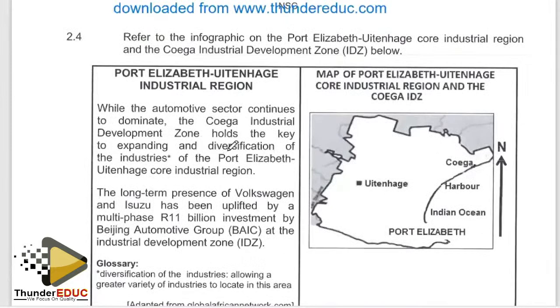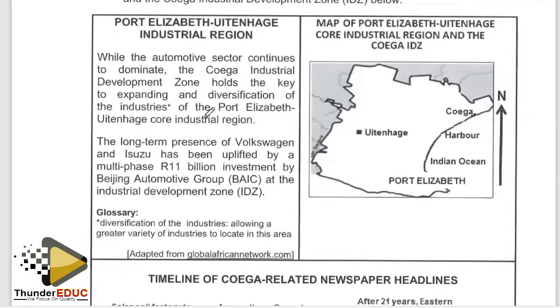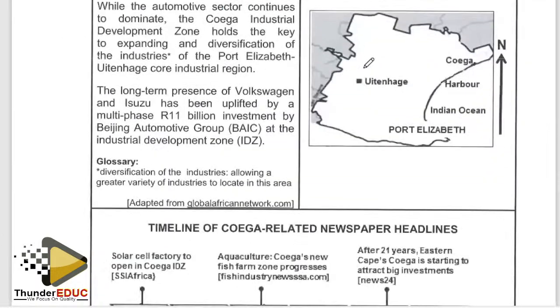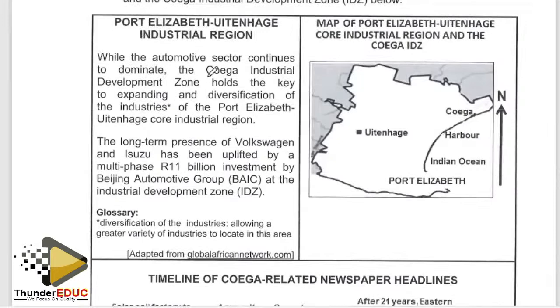Refer to the infographic on the Port Elizabeth core industrial region and the Coega industrial development zone. It is below, the extract we are supposed to read and the map we refer to. Read the extract: while the automotive sector continues to dominate, the Coega industrial development zone holds the key to expanding and diversification of the industries of Port Elizabeth.